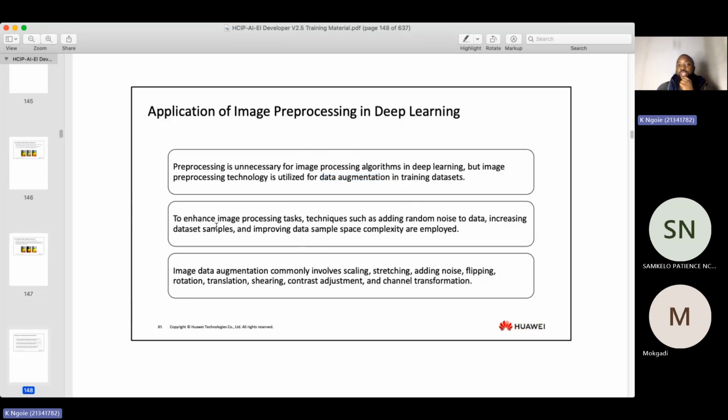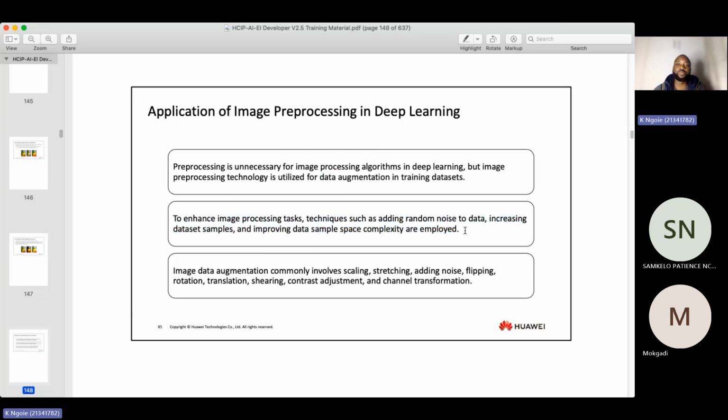To enhance image pre-processing tasks, techniques such as adding random noise to data, increasing data set samples, and improving data sample space complexity are employed. This is how we can also solve problems when we have overfitting.